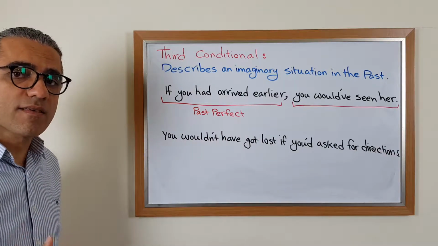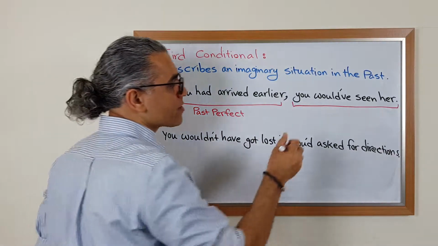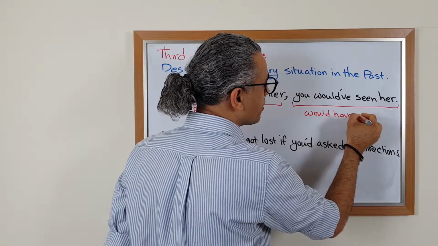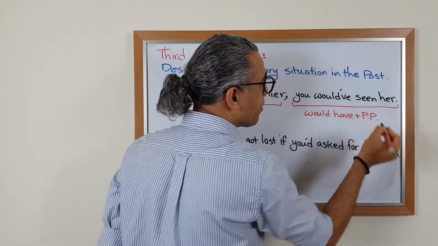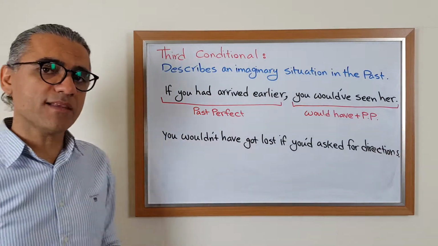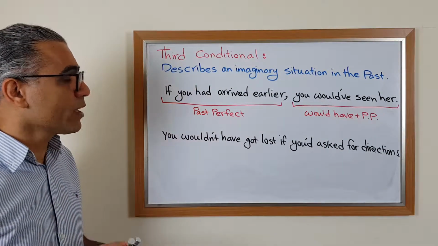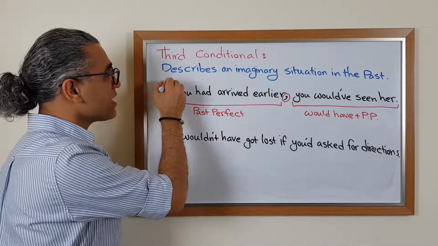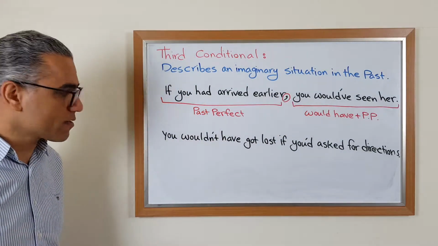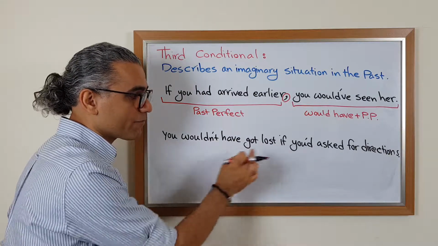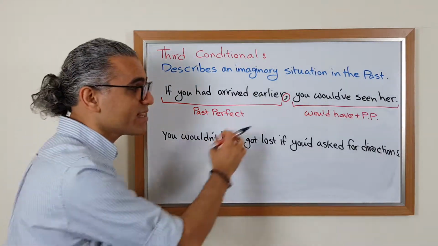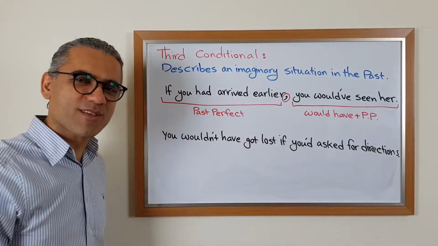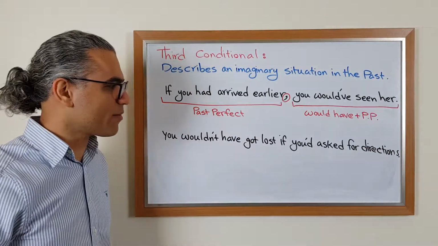And the tense or the form of the consequence is would have plus past participle of the main verb of your sentence. And remember, we always need to use a comma in here if you are using if in the beginning of the sentence. But if you bring the condition second, it means if is in the middle of the sentence, you don't need to use a comma.